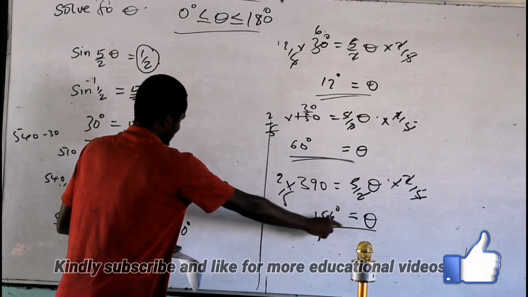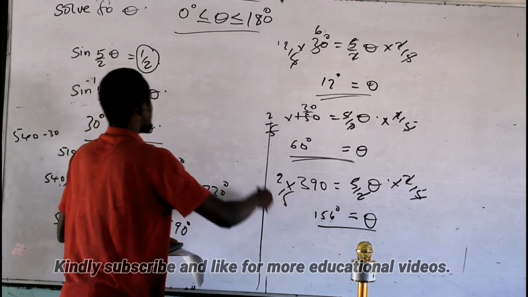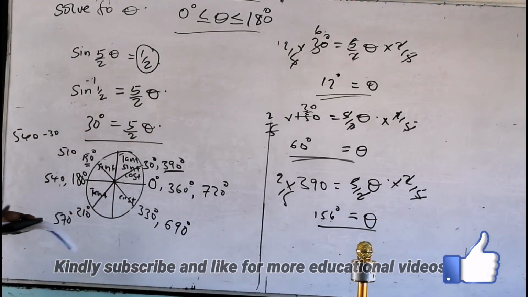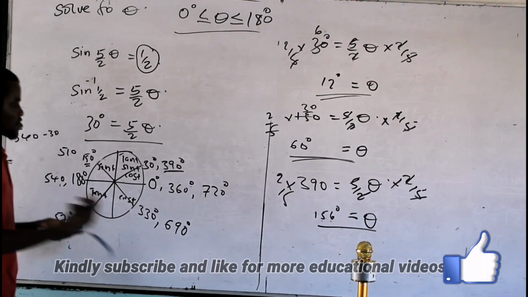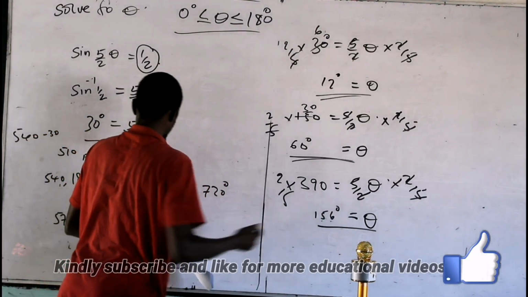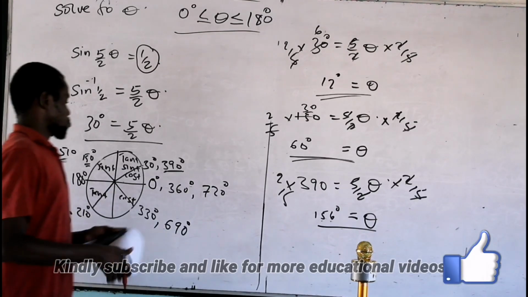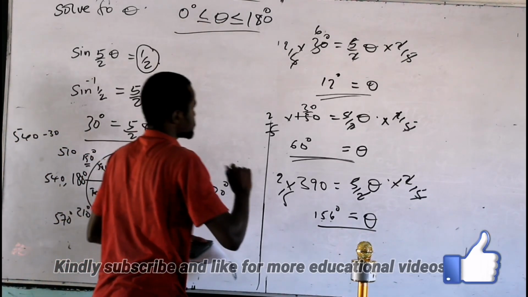Logically, if I decide to continue, the next value of theta I'm going to get will be beyond 180 degrees. That is the sense you can pick out of the data that we have arrived at, that is 156.